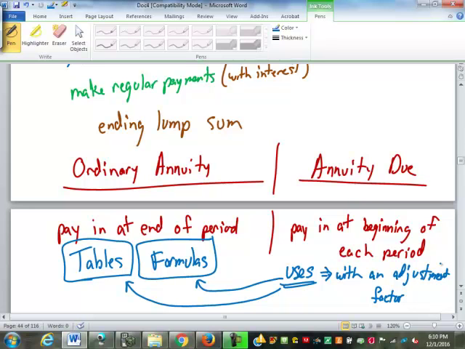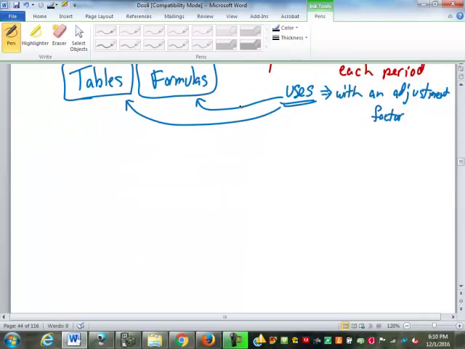Because since you made the payment at the beginning of the period, it sits there for one period longer and gains that much more interest. So an annuity due with the same payment amount, the same interest rate, the same frequency of payments and everything, will always have a larger ending balance, a larger future value. You get more interest because you get another compounding period in it.